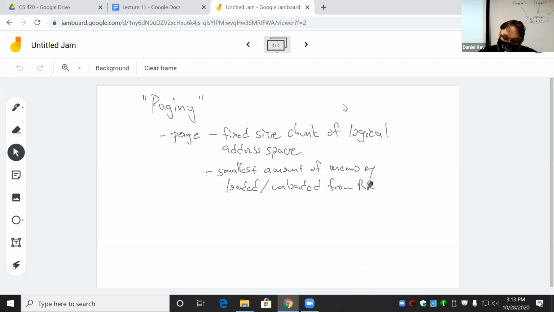Now, that's not because of a hardware limitation. That's because that's how we're defining it when we do paging. We're going to load whole pages at a time, and when we need space, we're going to unload a whole page and put another whole page of the same size, maybe from the same process, maybe from a different process, in its place. Does that make sense?